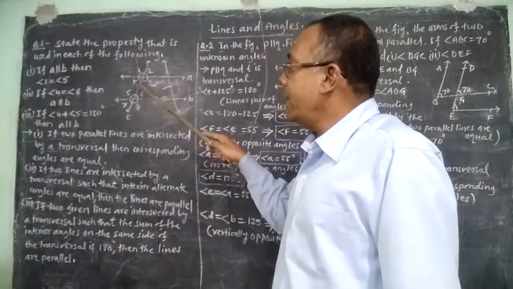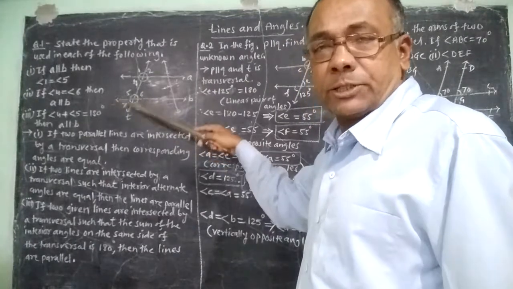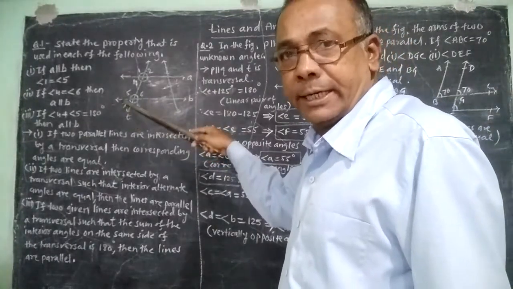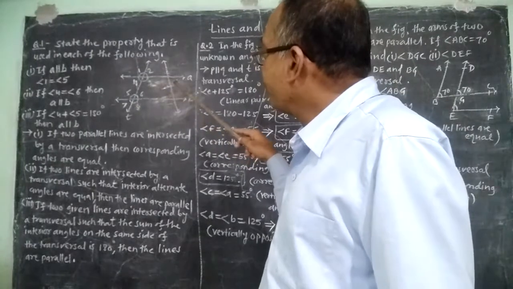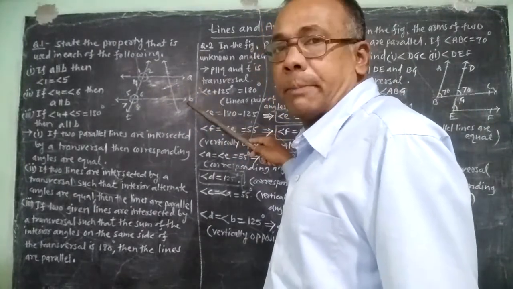If they are supplementary, means if the sum of these two angles is 180 degrees, then also line A and line B are parallel.